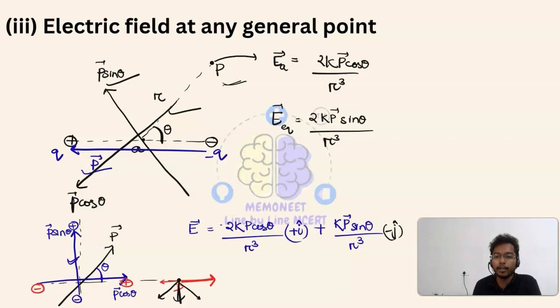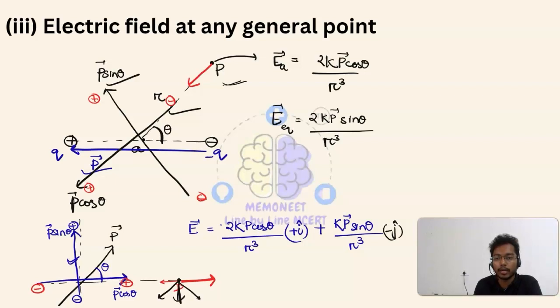Here the negative charge is here and positive charge is here. So the net electric field due to the axial will be in this side, and for the equatorial, here the negative charge, here the positive charge. So the negative charge will attract and positive charge will repel.